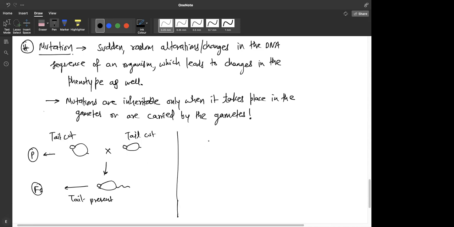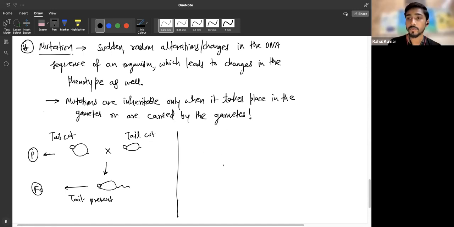Yes, sir. Now, I'm telling you, is it possible that two mice having tails, now tail is not cut, they have tails, but can still produce a tailless progeny? Write down the question.